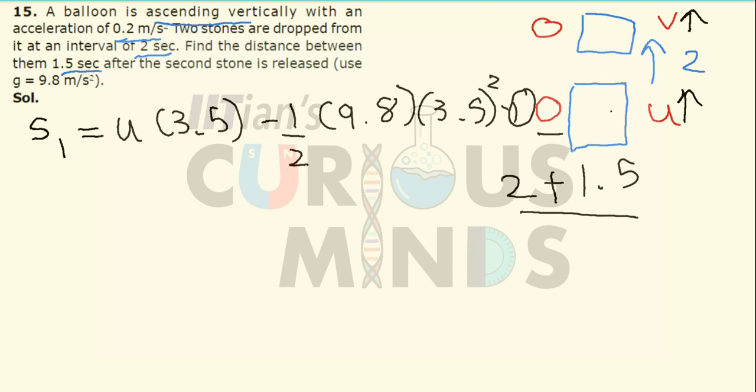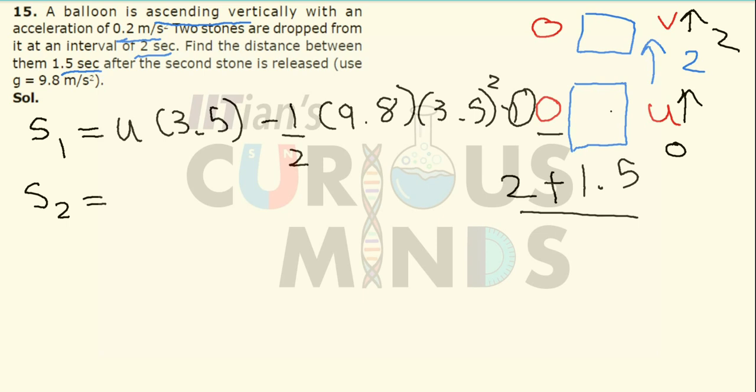Now let us calculate the equation for the second stone. Similarly, the second stone is traveling for two different intervals. Between 0 to 2 seconds, it is accelerating upwards with an acceleration of 0.2 meter per second square.